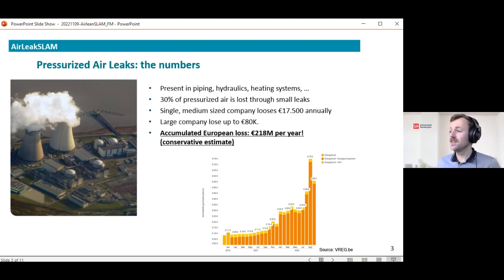So it's important that we can localize these air leaks and fix them when they appear, and preferably as fast as possible.